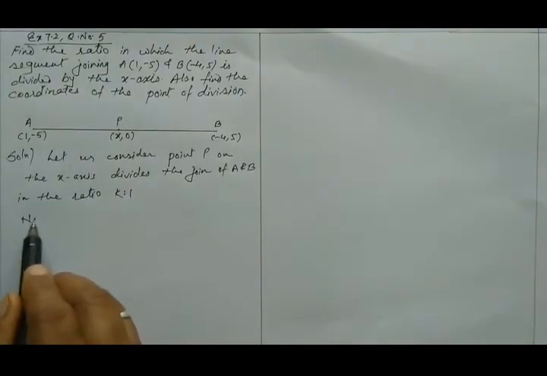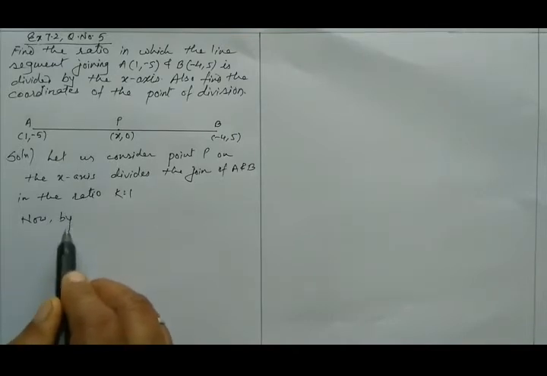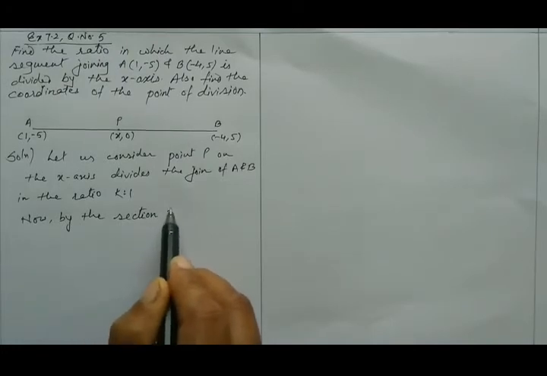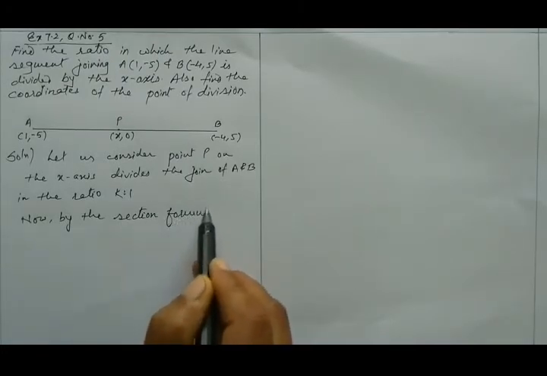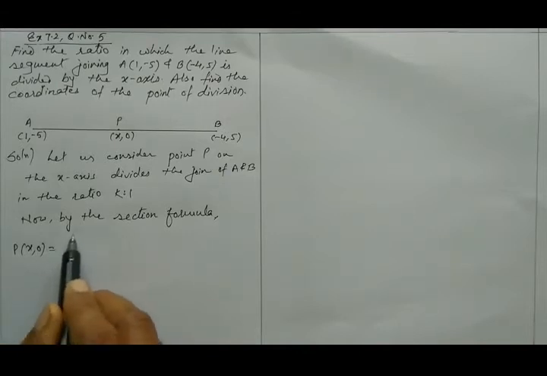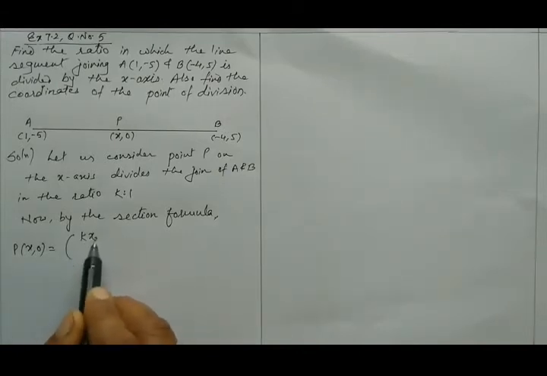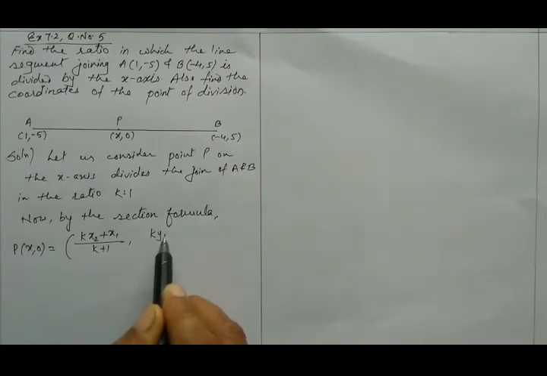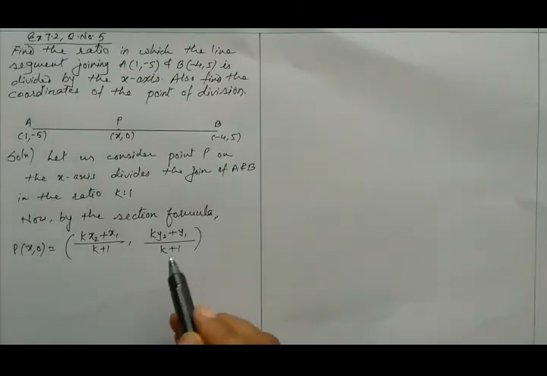Okay, now by the section formula, P (x, 0) is equal to ((kx2 + x1) upon (k + 1), (ky2 + y1) upon (k + 1)).